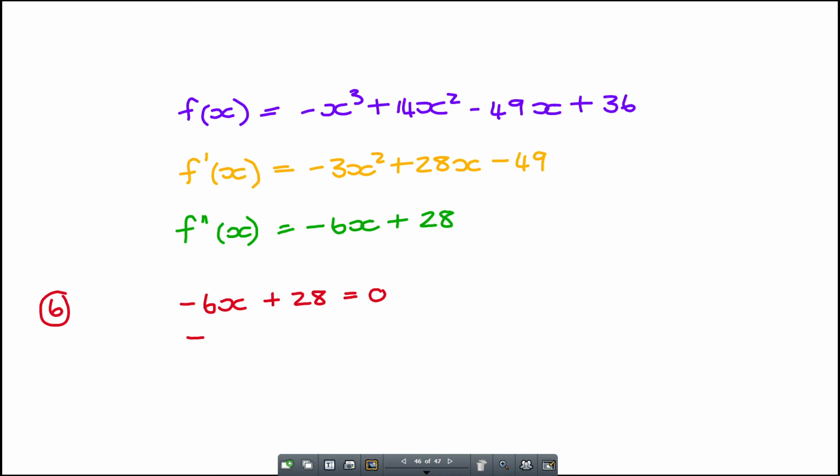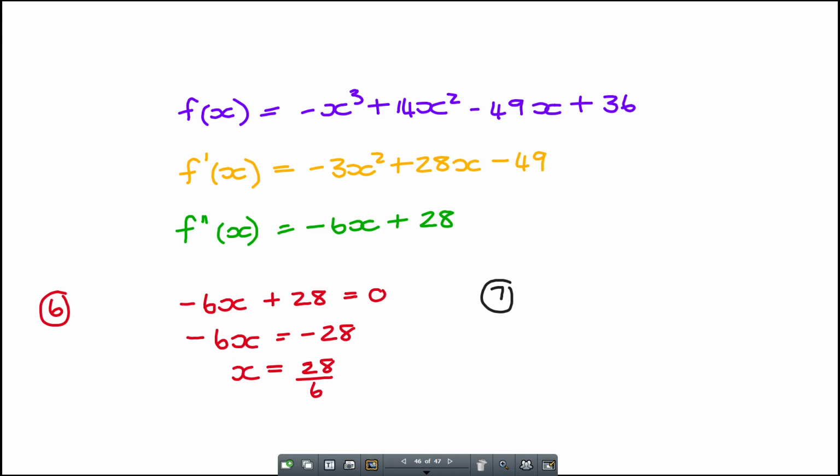Kom, factorize. Of jy kan hom net so gaan. Minus 28. So x will be positive 28 over 6. Okay. Step 7, substitute that in.